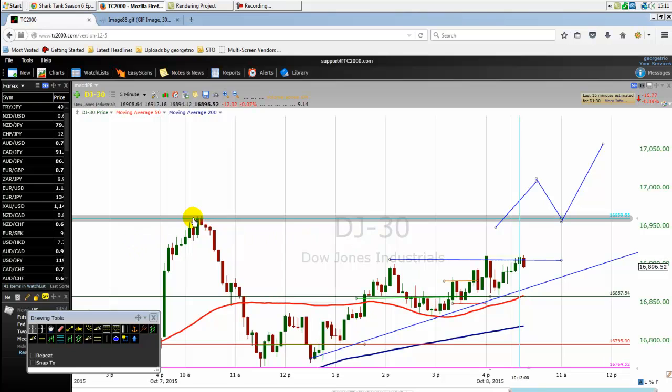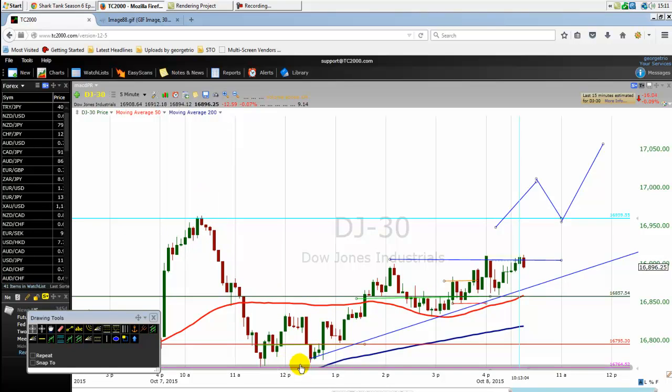Now we switch to the 5-minute time frame, looking for a low risk entry point. So we are looking for an opportunity to buy the Dow Jones Index. We must consider the time, the place, and what is happening. So the place is the median line.